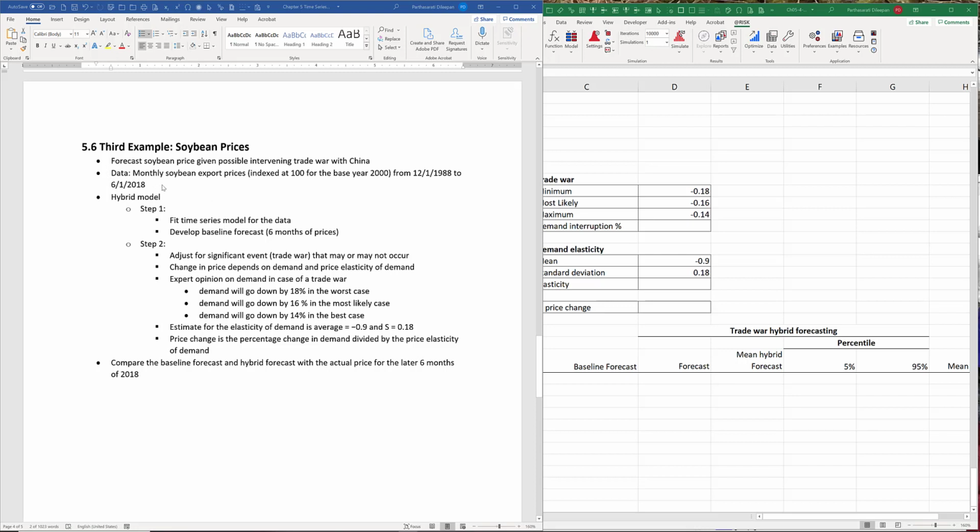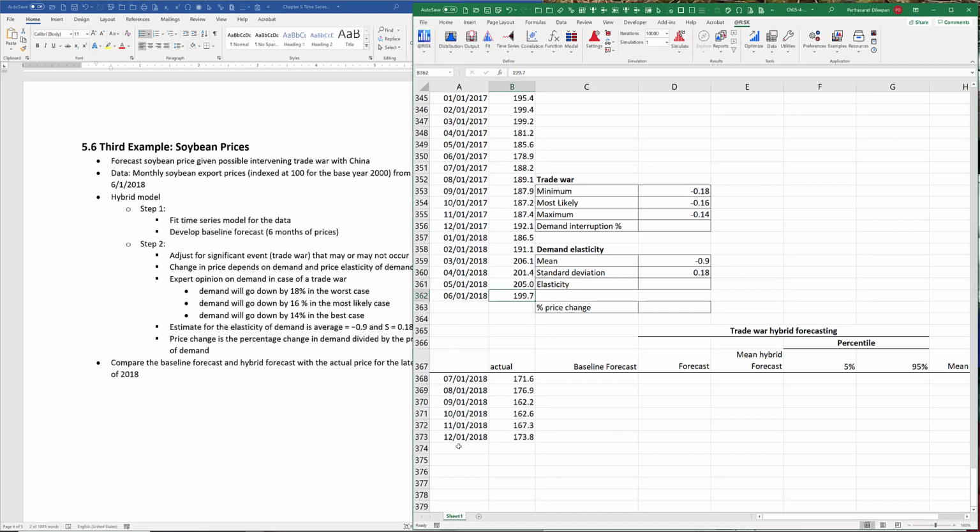So we have data going from December 1988 to June 2018. Actually, we have up to December 2018.